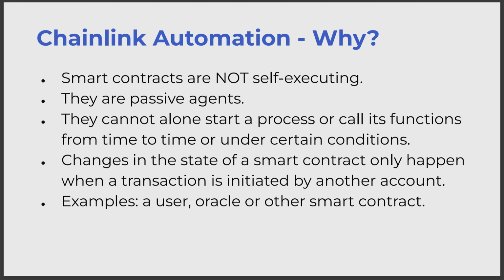And when we talk about executing something inside your smart contract, you can define the rules. Depending on your business, what is the condition? And if this condition is true, I'd like to execute something. Maybe the condition is only the time. I'd like to check some information every minute, every hour, every day.